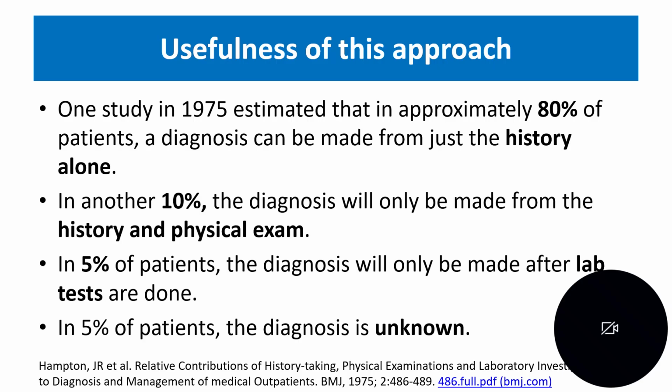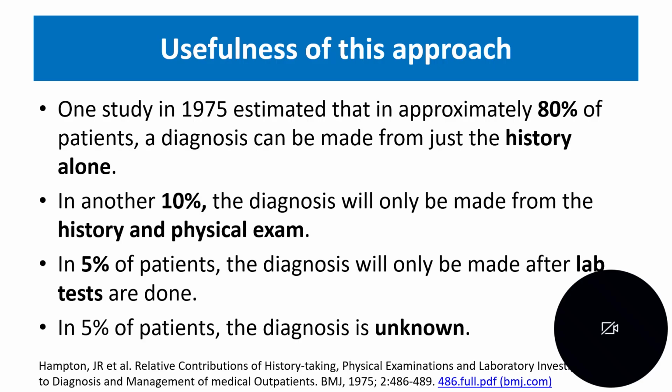This approach is very useful. There is a study originally done in 1975, reported in the BMJ, and then there have been four other studies done outside of the United Kingdom, one in the States, one in Australia, two in the Far East, where they looked at the usefulness of this traditional approach. This study by Hampton and others in the BMJ in 1975 estimated that in approximately 80% of all patients, the diagnosis could be made just from the history alone.